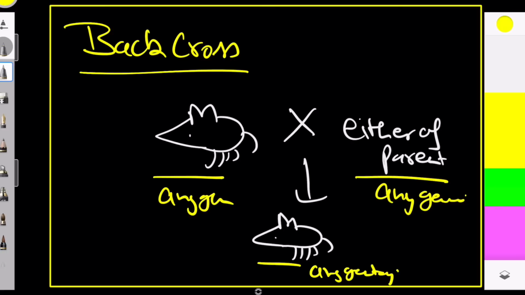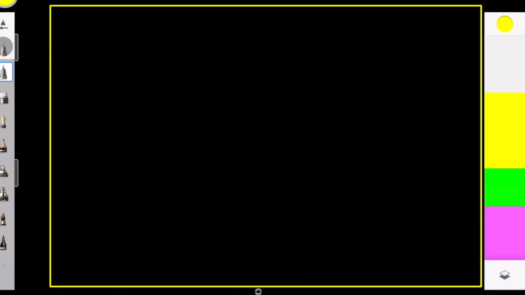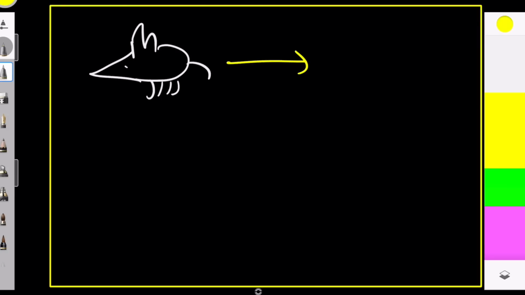But if you want to know why we actually perform back cross, let me make you understand. Let's suppose you have created a mouse by using some transgenic technology, by transgenesis, and you have introduced the X gene.